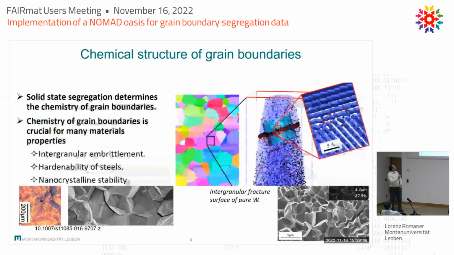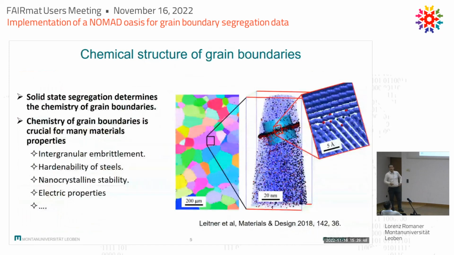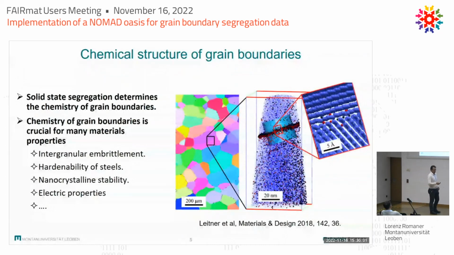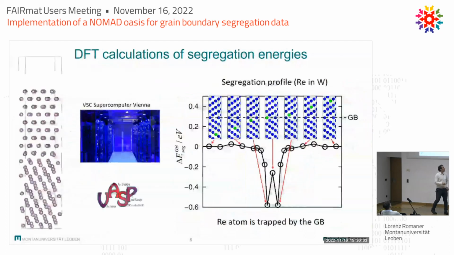So this is not the only point, but this was the main driver to understand segregation for us and for many other DFT-related activities. But I just mention here there are many other properties that one can also understand when knowing the grain boundary state. And what we do with DFT now is that we typically run calculations of grain boundaries. Here is a model of a grain boundary.